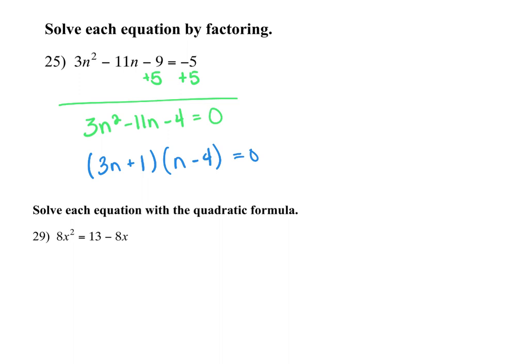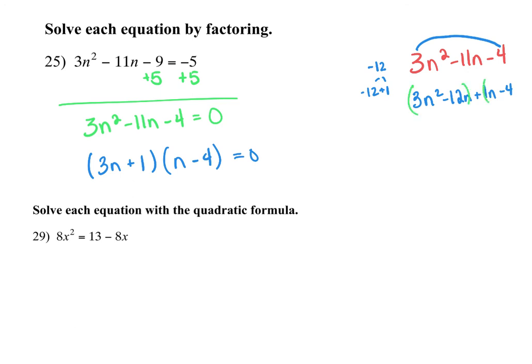If I don't remember that, I'm going to do it over here for all my people who panic on factoring. Remember, you can do across. 3 times negative 4 is negative 12. Factors of negative 12 that add up to 11, that's negative 12 and positive 1. Rewrite it: 3n squared minus 12n plus 1n minus 4. Factor by grouping.